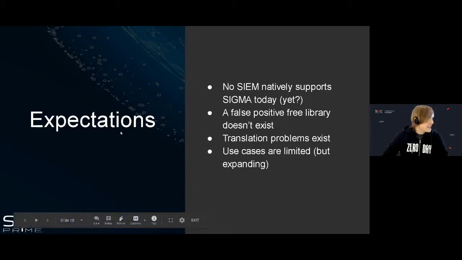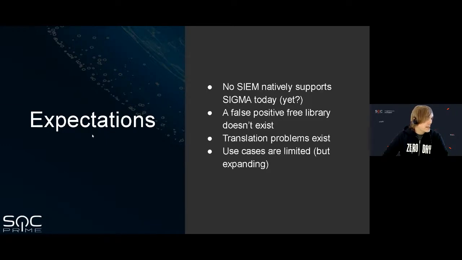Anyways, expectations. Sigma is not a perfect project. There are some things about it that are really useful, and some things that are misleading sometimes. There's no SIEM that natively supports Sigma today yet.